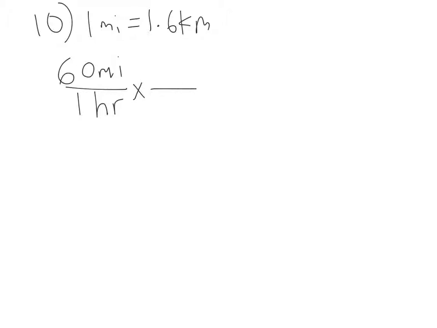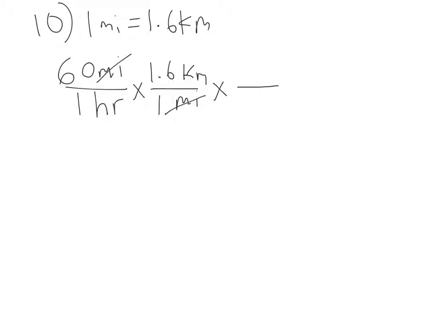Let's change that distance first. Let's do miles into kilometers. Again, the miles is on bottom so that it can cancel there. And now I need to put 1 mile is 1.6 kilometers. If I were to stop here, I would find the kilometers per hour. But let's keep going. Let's do meters per second.